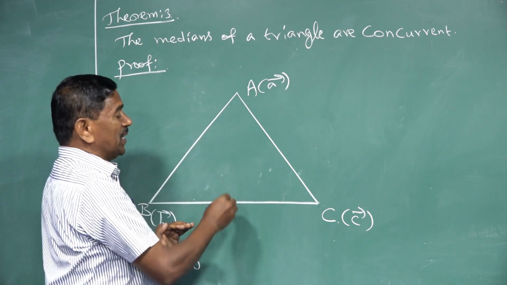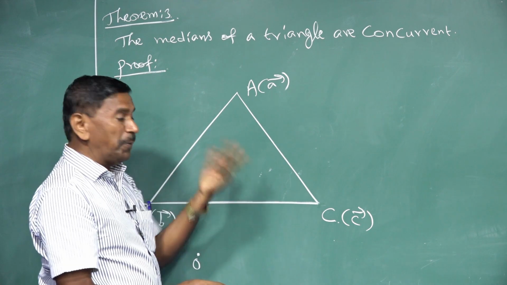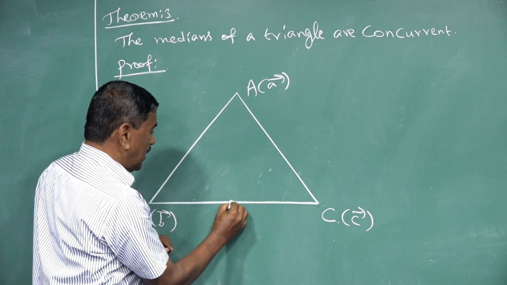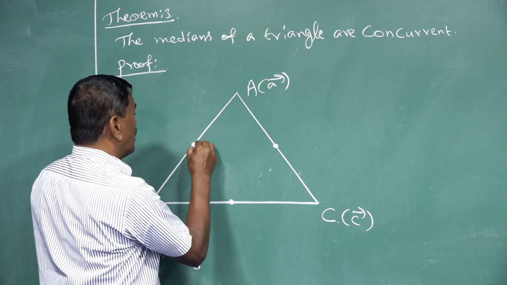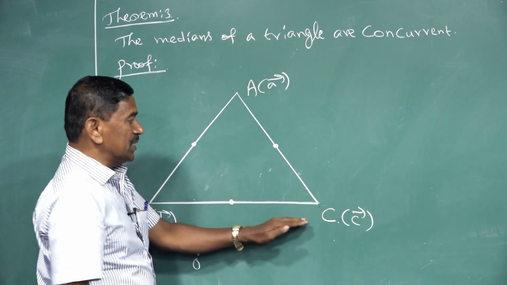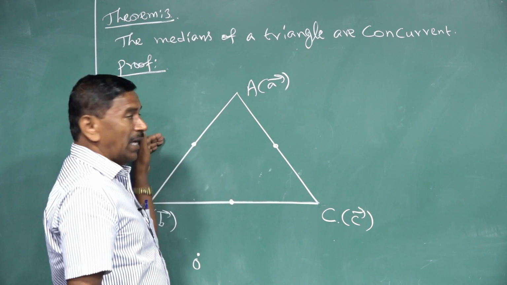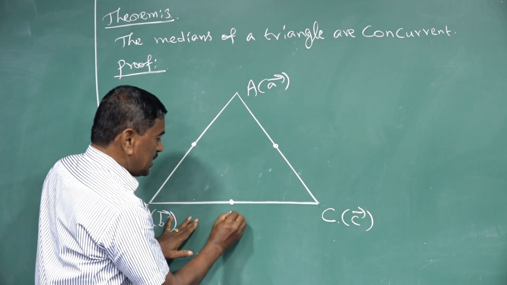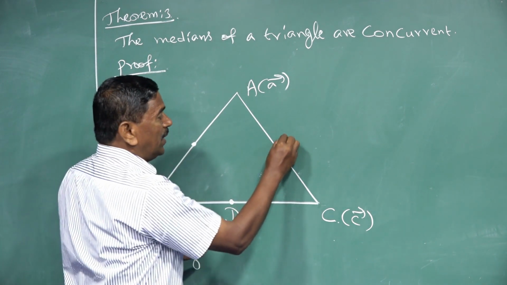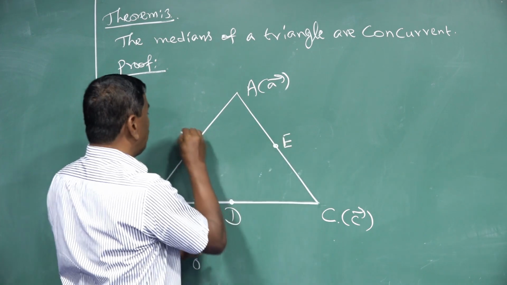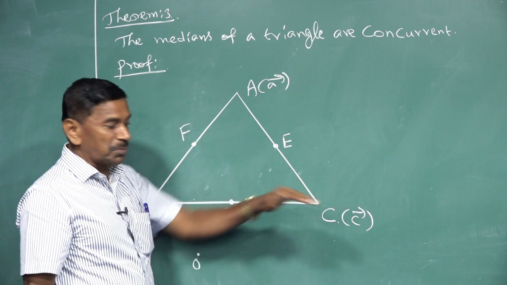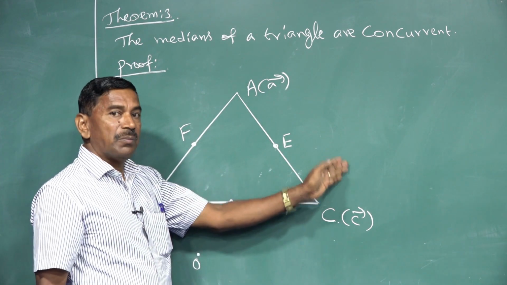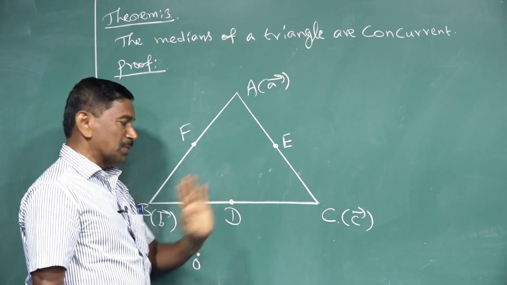Here there are 3 medians. First, let us select the midpoints. Let D, E, F be the midpoints of the sides BC, CA and AB respectively.